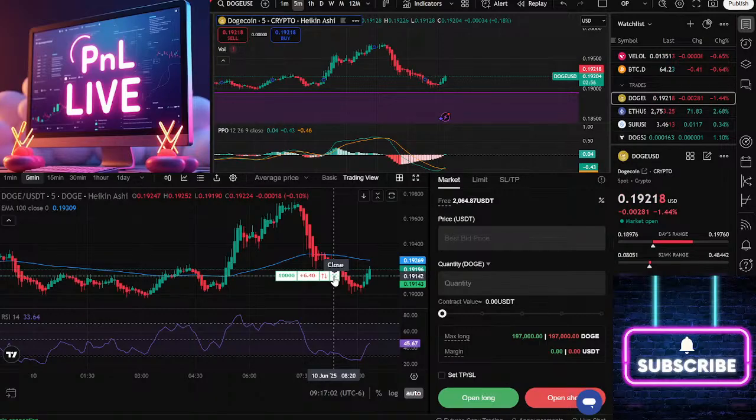I still think it's just not going to respect that moving average, because if you look, it only recently blasted through, and then it came right back down. And before that it was kind of underneath that exponential moving average and didn't want to respect it.